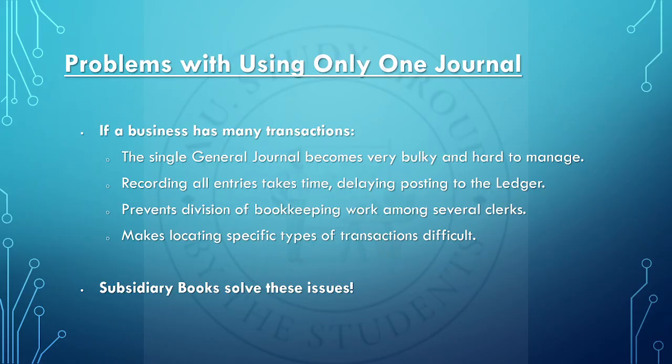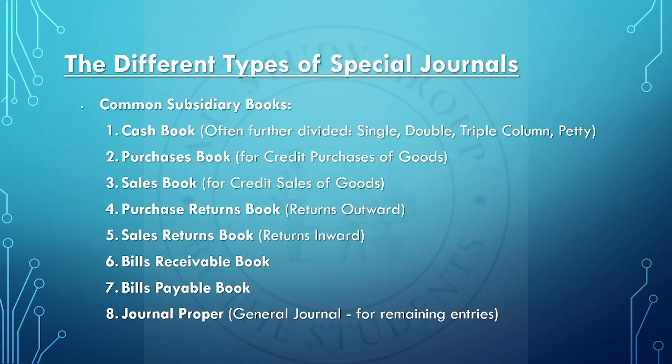There is a sales department, there is a purchase department. It also brings speed and efficiency: recording and posting become faster and much easier. If you want to quickly find total credit sales or total purchases for a period, subsidiary books will help.